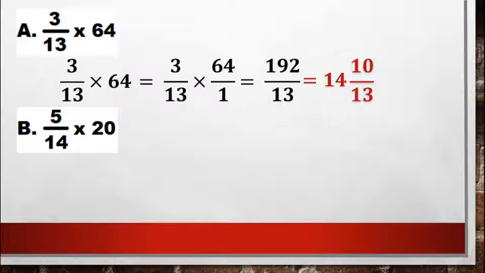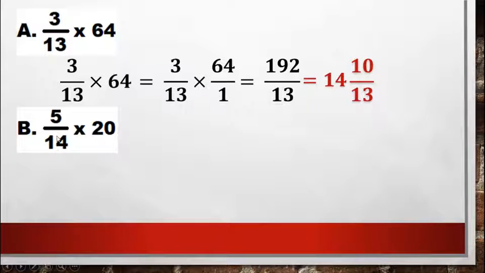How did we get the correct answer of 14 and 10 over 13? We divide 192 by 13. How about letter B, 5 over 14 times 20?